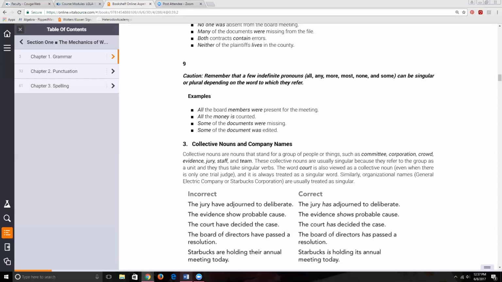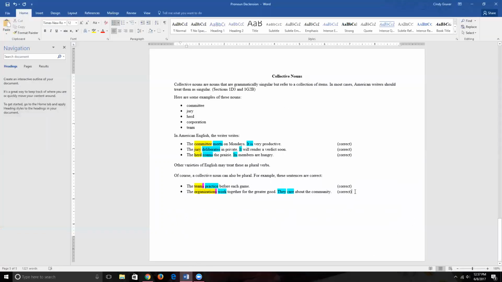Let me just write that up there so you can see exactly what I'm saying. The team have decided not to make an offer to Mr. X. It was a soccer issue, a football issue.